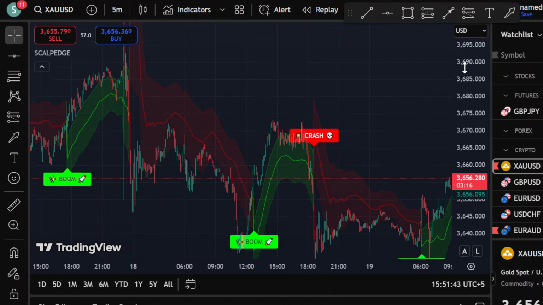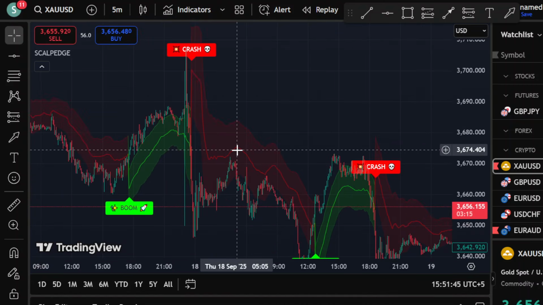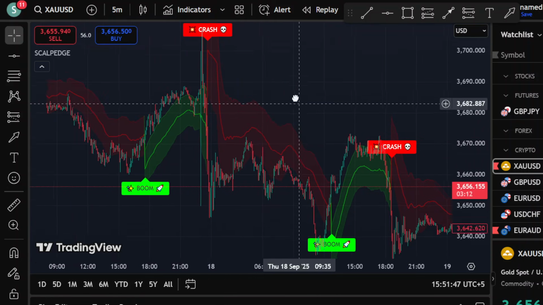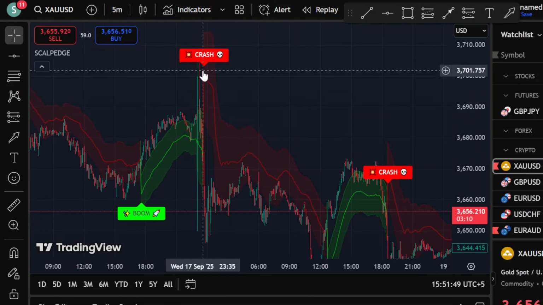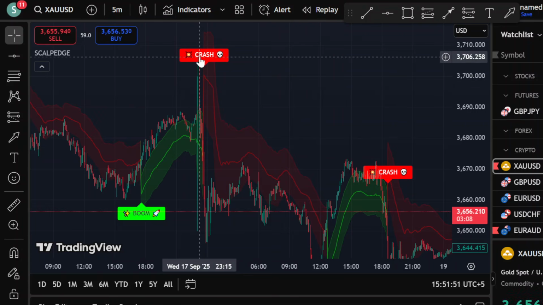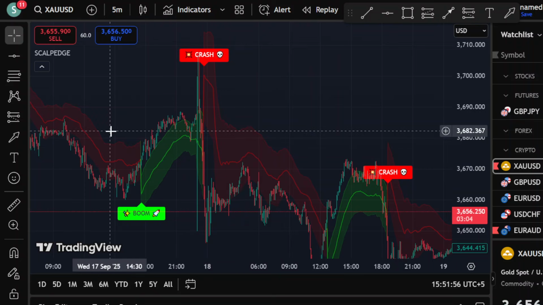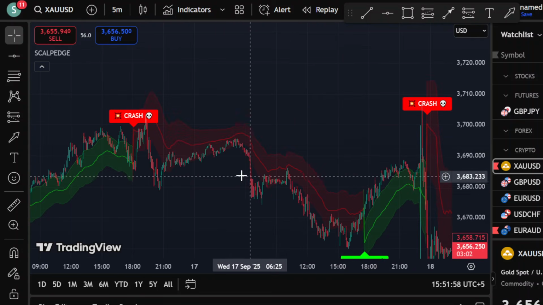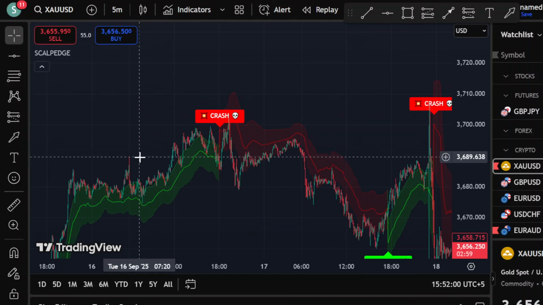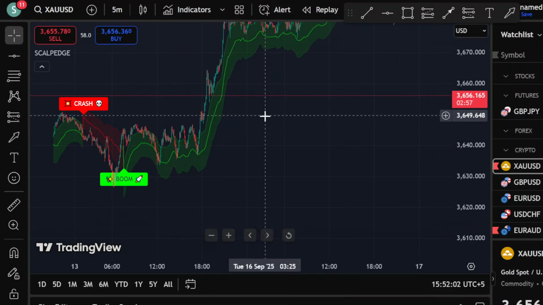Just look at the performance. Have you seen such a performance before on any indicator that is working like this? On gold, you can see consecutively the next signal, the previous signal, it's perfect. Let's find where we have the losing signal. Even the crash worked.